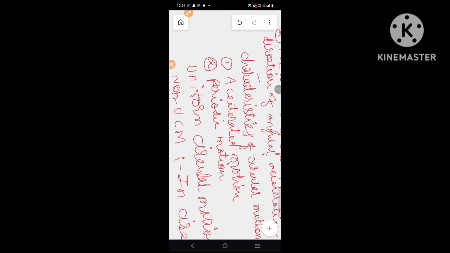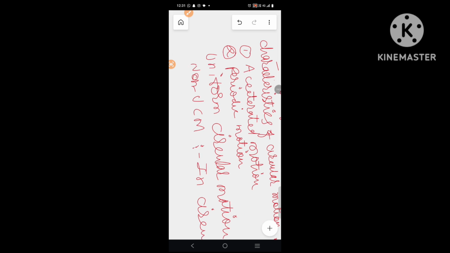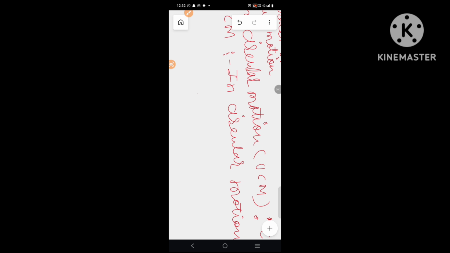That means when the motion is anti-clockwise, angular velocity will be upward and angular acceleration will be vertically downward. If the motion is reversed, the direction of angular velocity will be downward and that of angular acceleration will be upward.